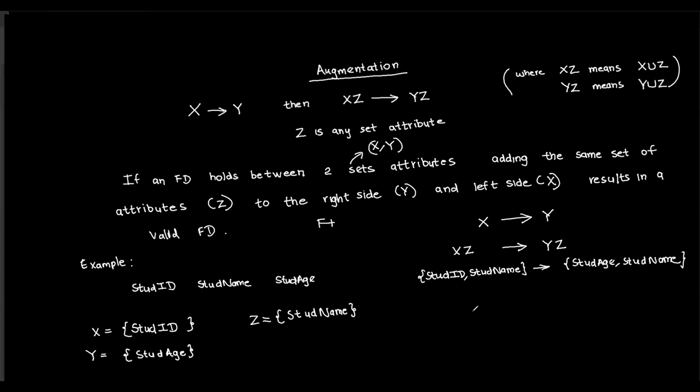And you can also add XY if you wanted, but XY determines XY is like the first one, reflexivity. Because if XY can be considered as A, then A will be determining A, this is like the subset thing. But that is not important here. The important part is augmentation. That's what I have done. So we are done with the second axiom.